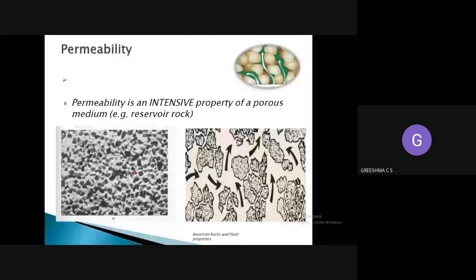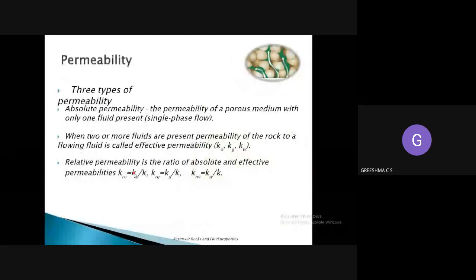Here also we have three types of permeability: absolute permeability, effective permeability, and relative permeability. Let's see the difference between them. Coming to the first one, absolute permeability. It is the permeability of a porous medium when only one fluid is present, which is also called single phase flow.